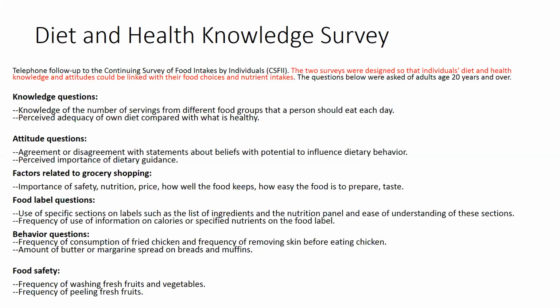So these types of questions were asked for adults. Everything from what they know about serving sizes, how they feel about certain health messaging, whether or not they use food labels, behaviors, all the way down to food safety habits that people practice in the home.